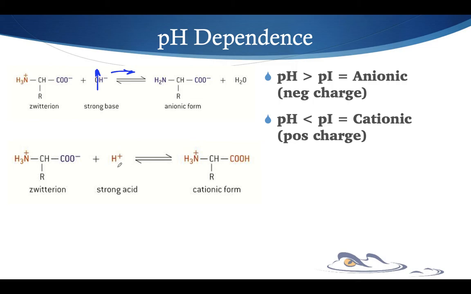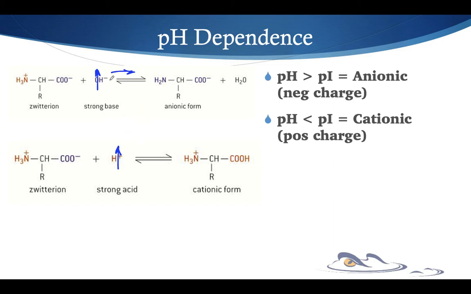Likewise, if I make the environment more acidic, I'm going to be pumping that up. I'll shift this reaction to the right, and then that would make it so that the cationic form would become higher in concentration than the Zwitterion, right? It's going to shift the reaction this way.